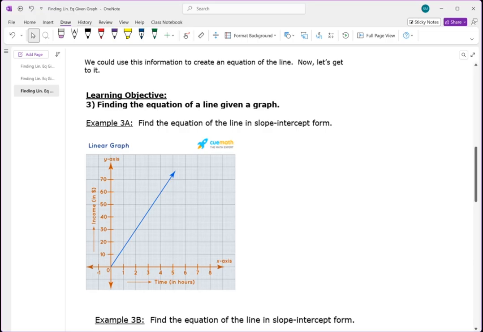So what I would do if I were looking at this graph is I would recognize that my y-intercept is 0 right away. Now to find my rise, what I would do is I would identify points that I could actually see. So this goes through the point 2, 30, and then this goes through where the axes are crossing here.